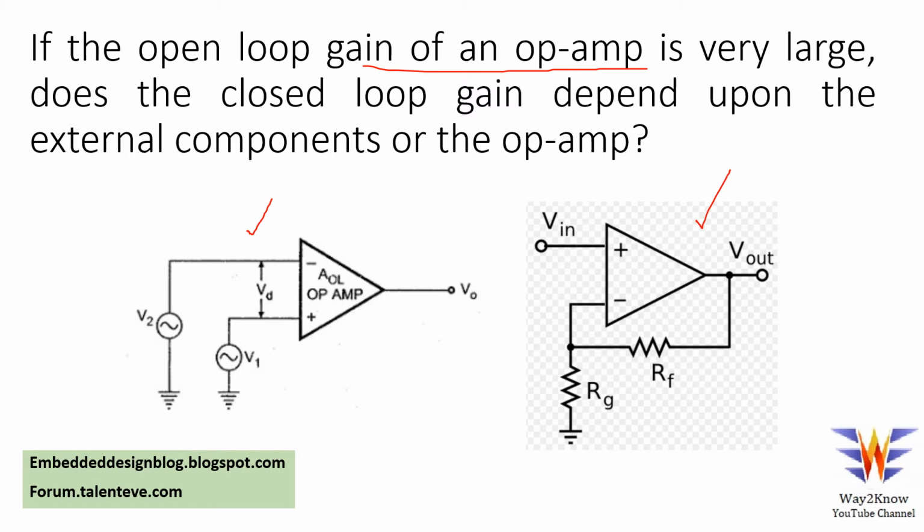So an ideal op amp would have infinite gain, whereas a practical op amp would have gain in a very high range. So when you apply X input, the output will be Y, and the Y would be in such a way that it would go to saturation.